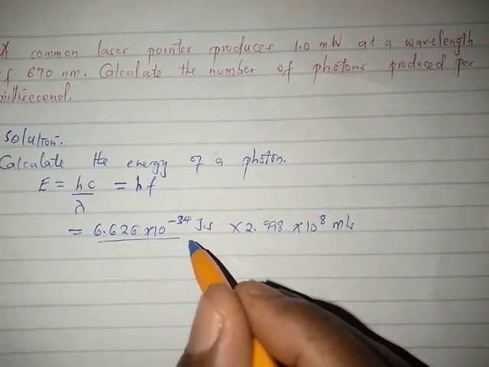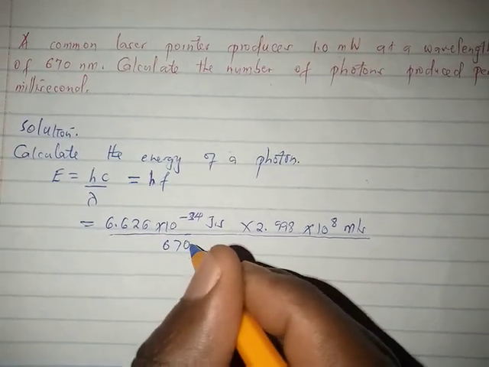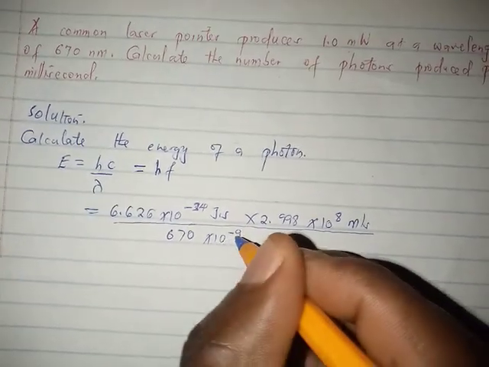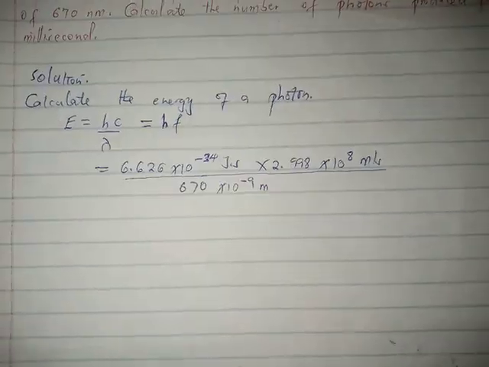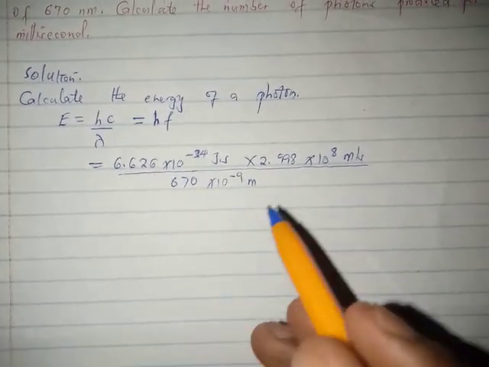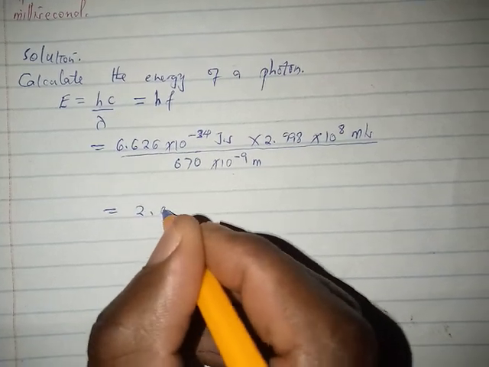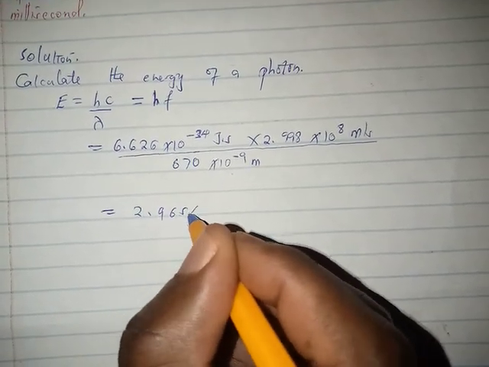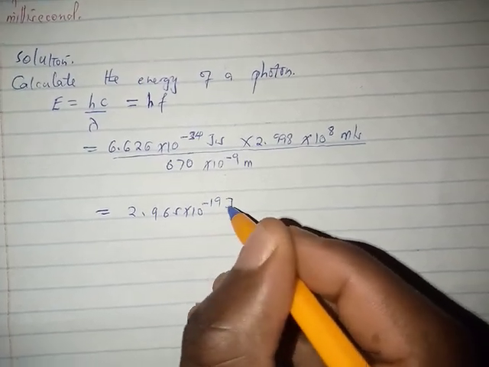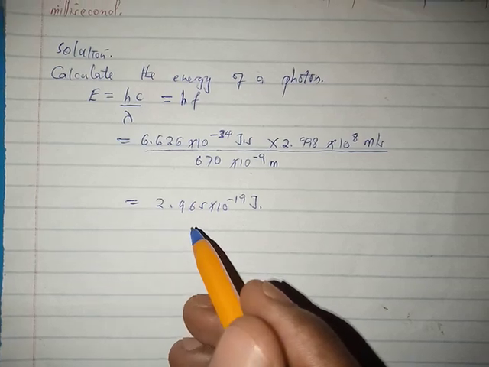The whole of this over 670 times 10 raised to power negative 9 meters. Remember, we have converted everything to SI units, right? So we get the answer as 2.965 times 10 raised to power negative 19 joules. This is the energy of the photon.